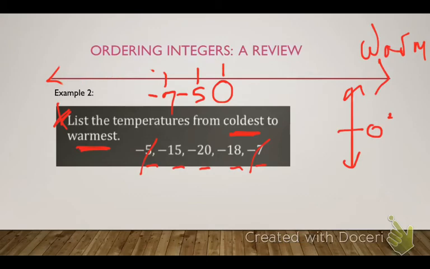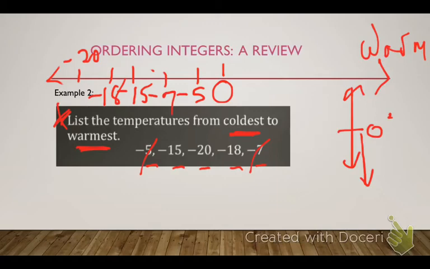Sorry, kids. Let's see, -7, and then we got -15, and we got -18. Remember, these are all temperatures, and then we got -20. And again, the farther away from 0 I go to the left when I'm talking temperatures, the colder it becomes.